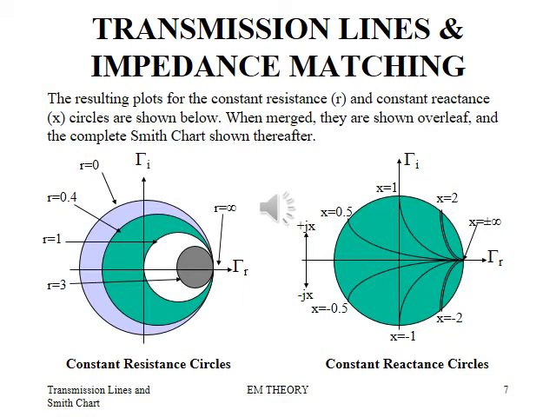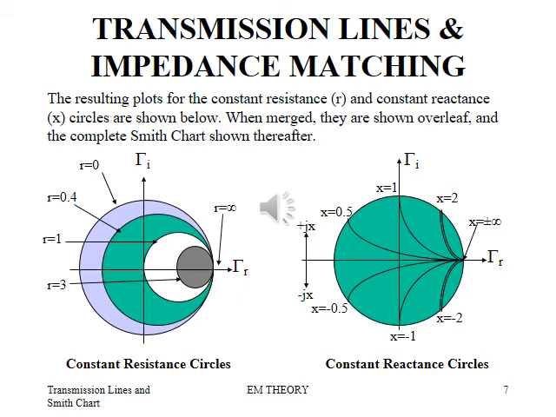So it means you'll have the straight line passing through the center of the Smith chart. That corresponds to X equal to 0. So it means when you have no imaginary part, which means if your impedance is real, then your value will fall along the straight line passing through the center of the Smith chart.